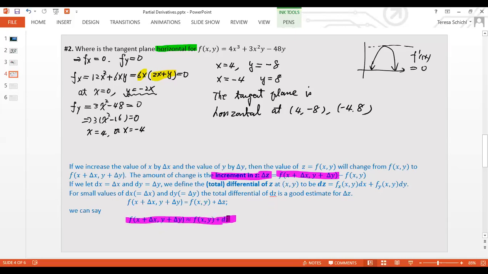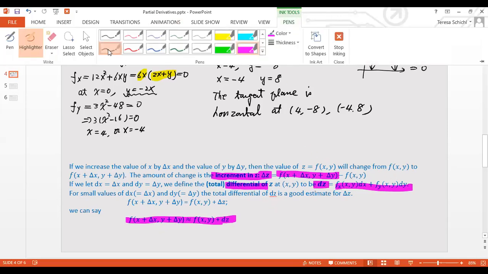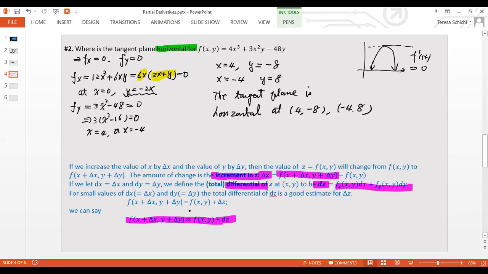We can use the differential dz to approximate delta z here. It's the same idea as we discussed in chapter 1, where we use dy to approximate delta y in R2.